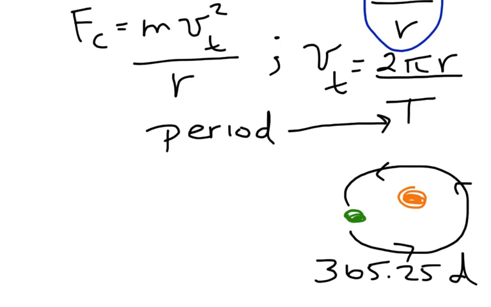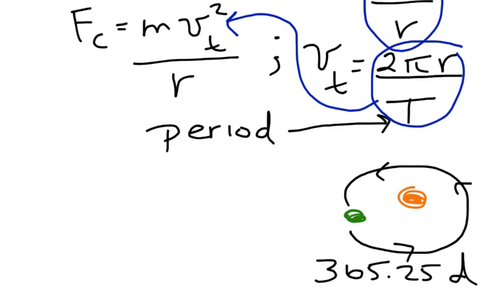All right, now going back to our equation, which is tangential speed is equal to 2 pi r over T, or period. What I would like to do now is take that expression and substitute that into Newton's second law of motion here. And that will look quite interesting.